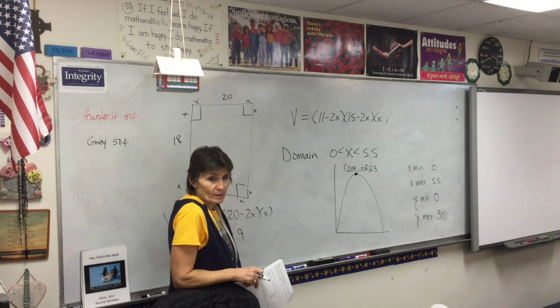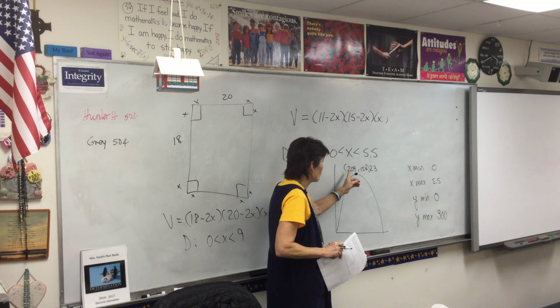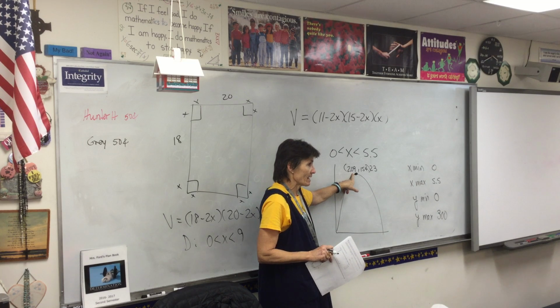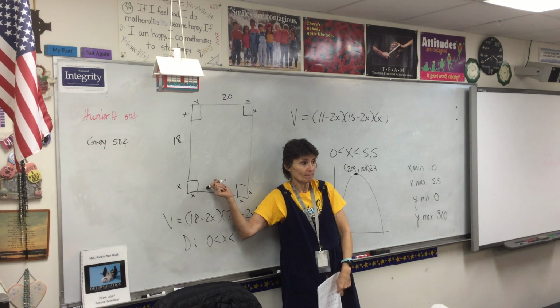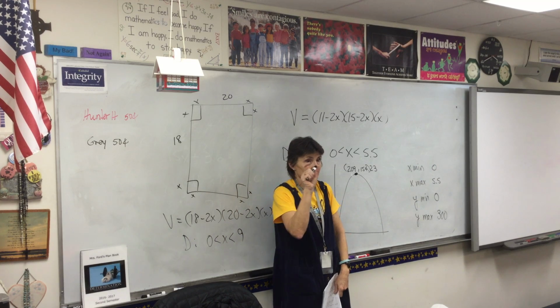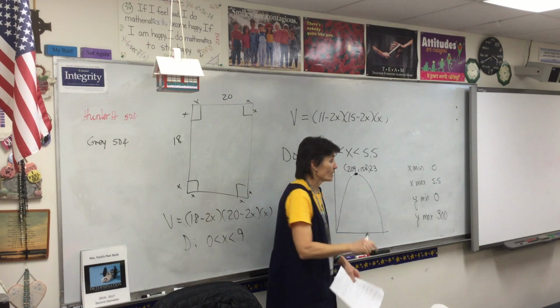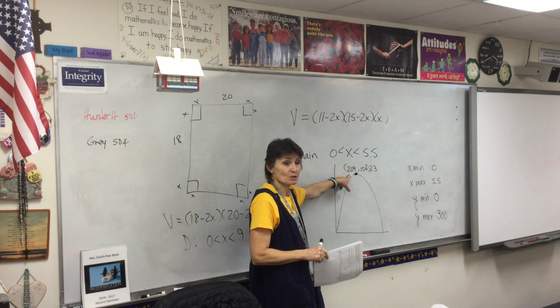We have to answer the question. The answer to the question is going to be one of these two numbers. What does this number stand for? That is the X coordinate. What does X stand for? The size of the cutouts. So if the question is how big should the cutouts be, the answer is 2.09 inches.